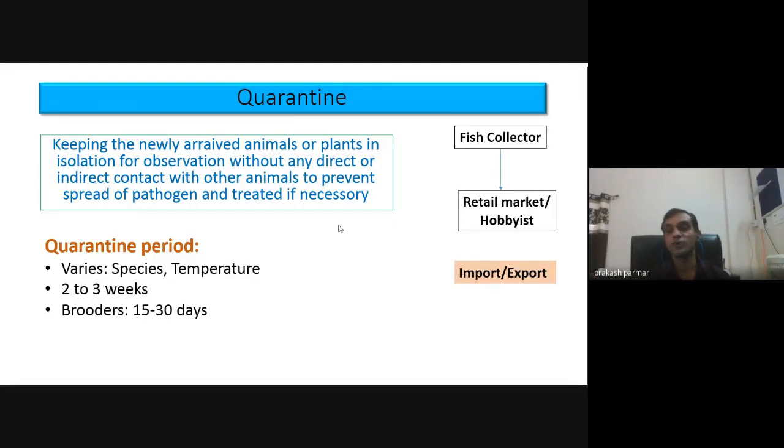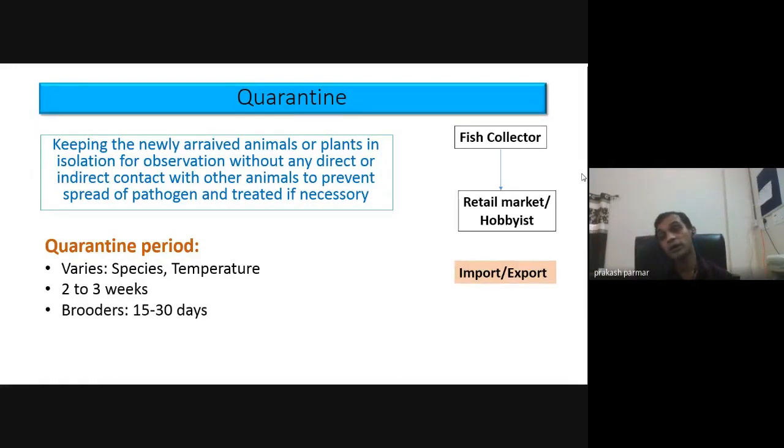Most of the fish are stressed, and whenever they are in a stress condition, the occurrence of diseases is more common. In this chain, almost 50% of fishes die before they reach the retail market or the hobbyist. So we have to take care at all these stages because they are stressed and diseases are more common.